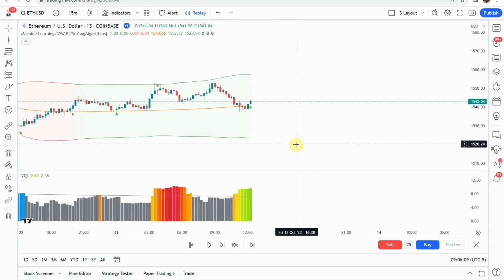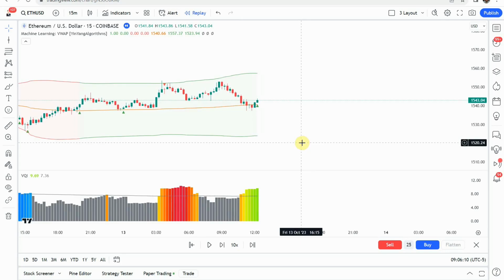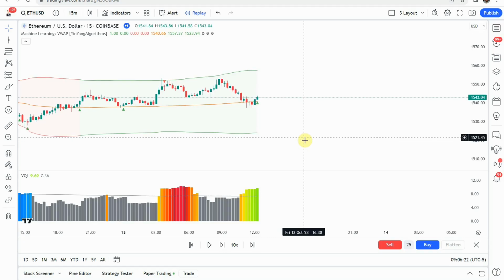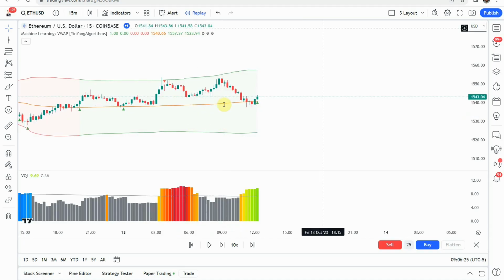The source video claims that this new artificial intelligence VWAP indicator on TradingView is highly profitable with trading signals. The first indicator we will add to screen is going to be the machine learning VWAP indicator.